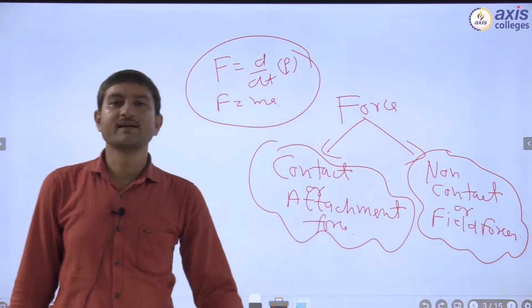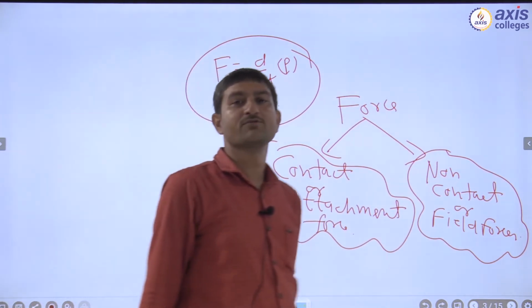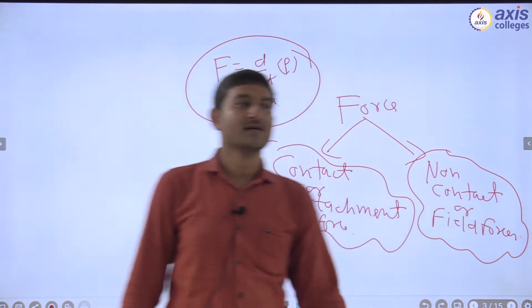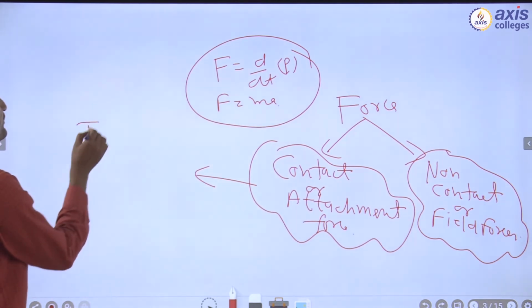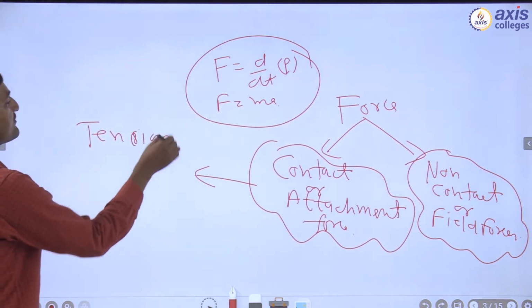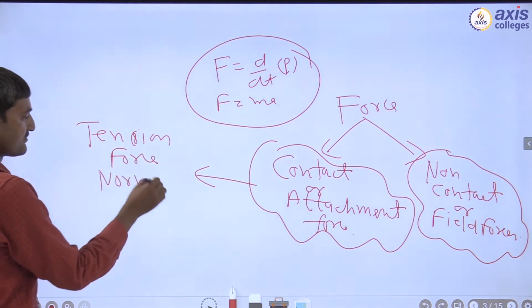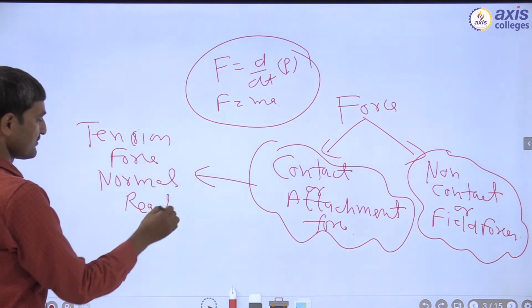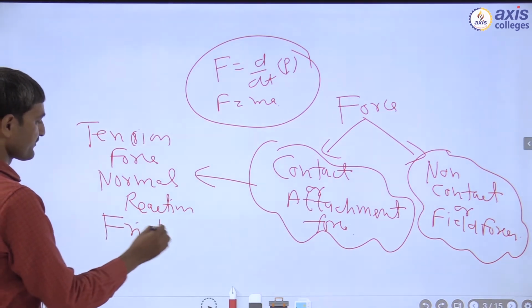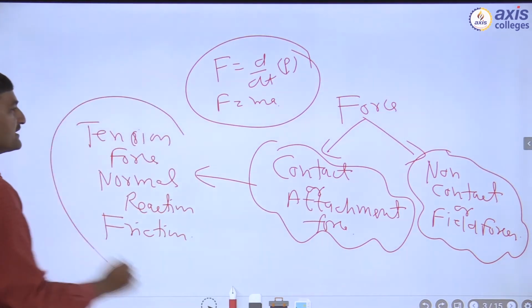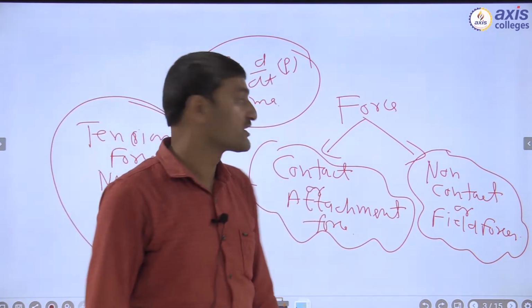So now what is the difference between the two? In this category of forces, for example, friction force, normal reaction force, tension force. When we are dealing with forces like tension force, normal reaction force, and friction force, if we are dealing with the forces in this category, then this is the type of contact or attachment force.